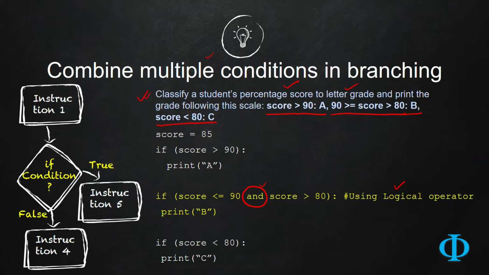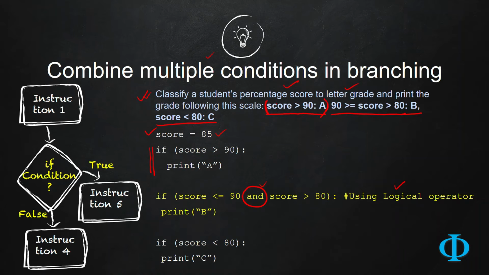So what did I do while writing the program? Well, first I have just initialized a score. I initialized it to 85, somewhere in between 80 and 90, just to show you the demo of combining multiple conditions. Now in the first part of this program, in this first if statement, I just take care of the first condition in here.